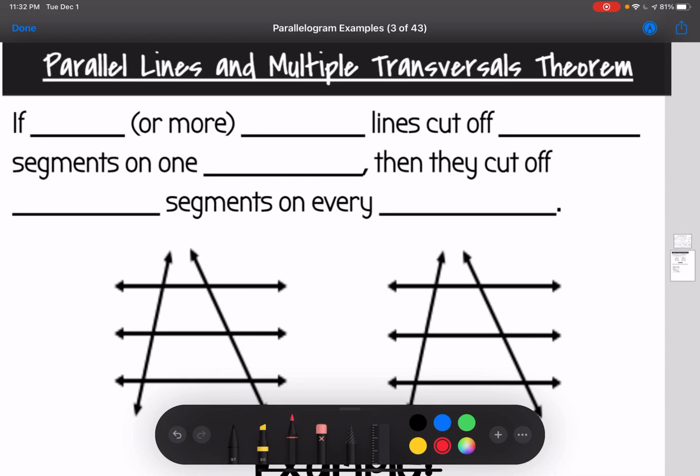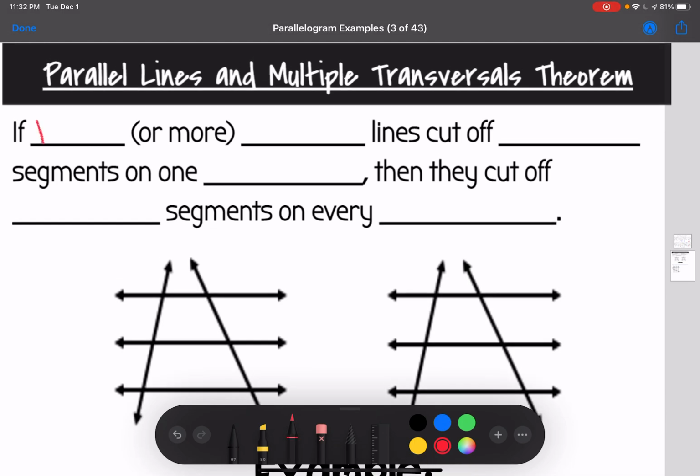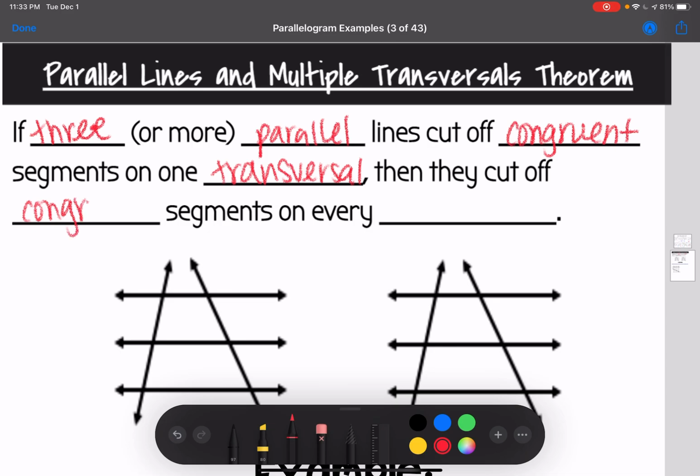So this one states, if 3 or more parallel lines cut off congruent segments on one transversal, then they cut off congruent segments on every transversal.